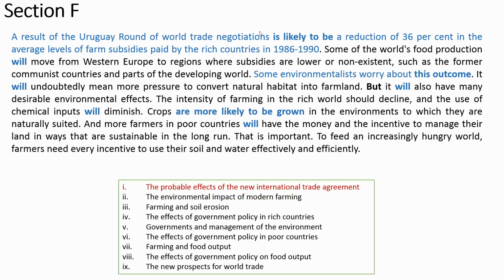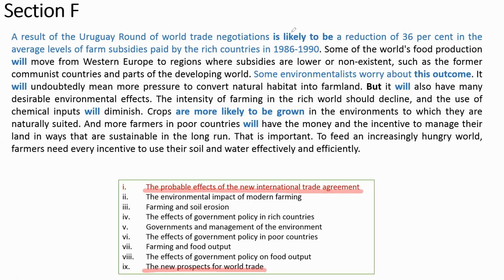So here, the tip is that there may be two very similar headings. In this case, we have the heading, the probable effects of the new international trade agreement, and secondly, the new prospects for world trade.